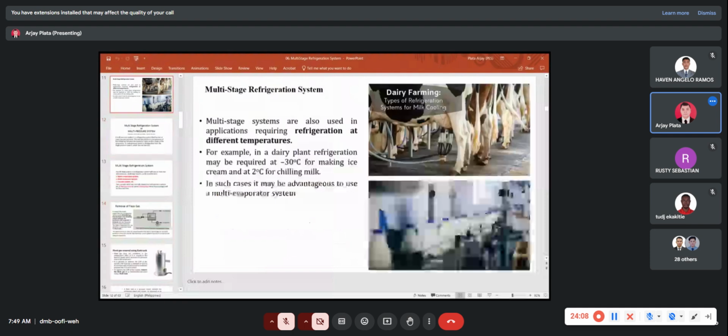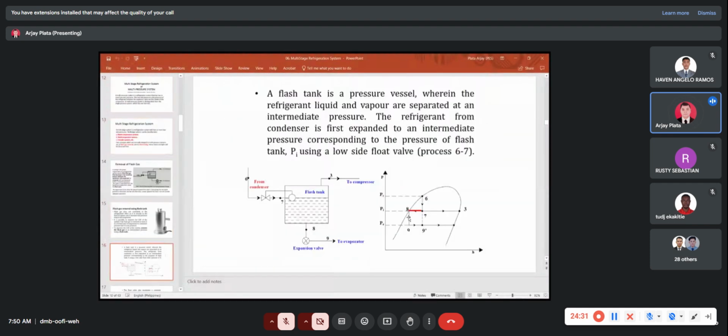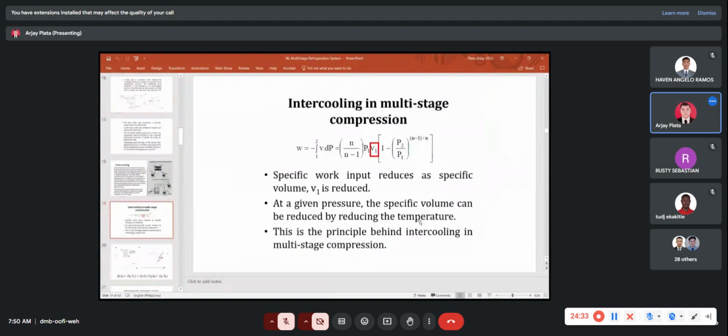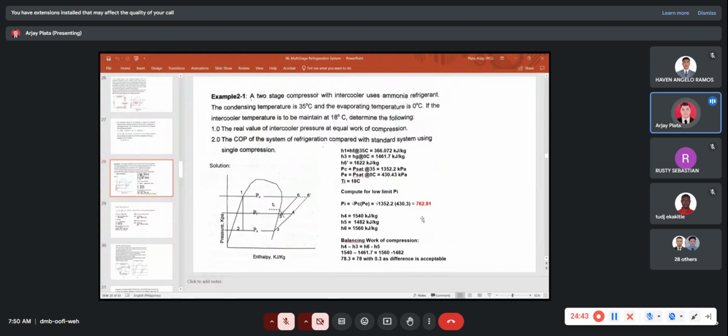Yeah, for example, we have here an example of multi-pressure. Ayan, multi-pressure.